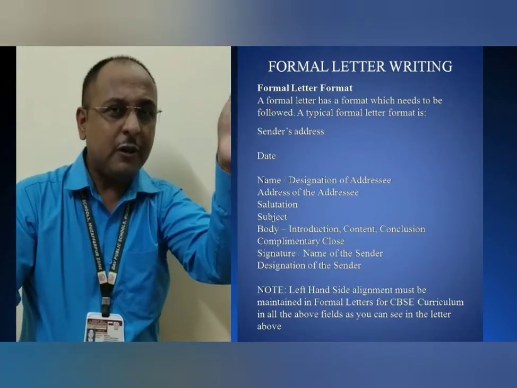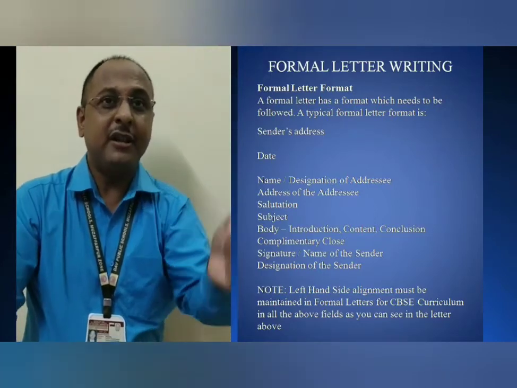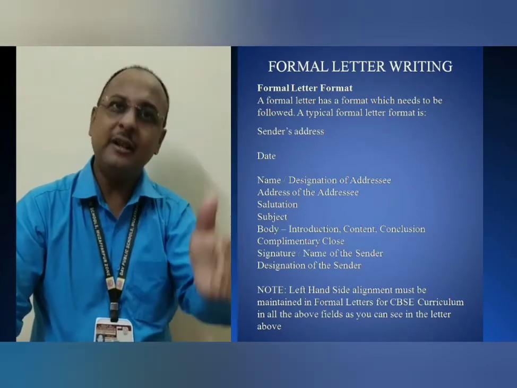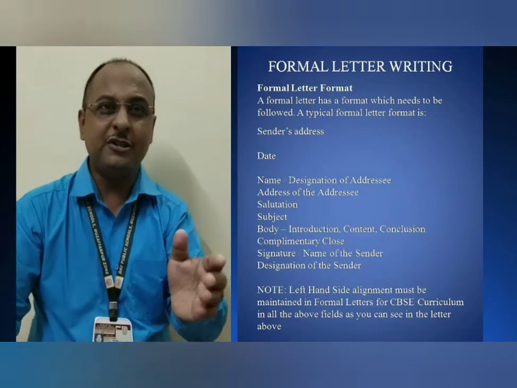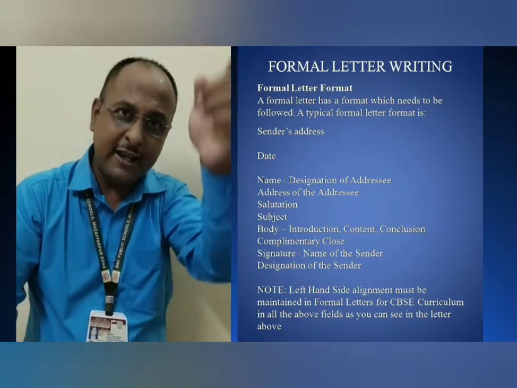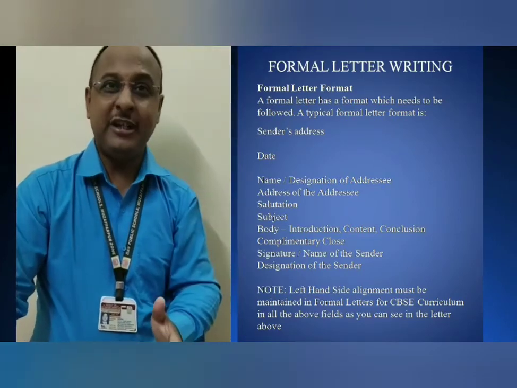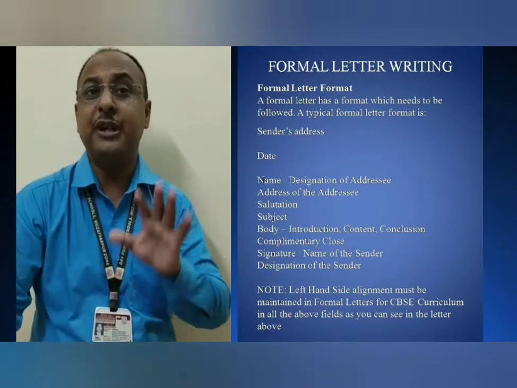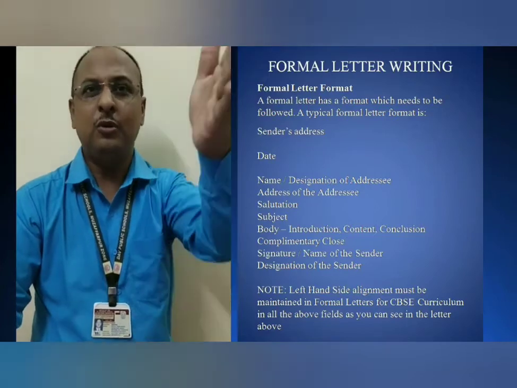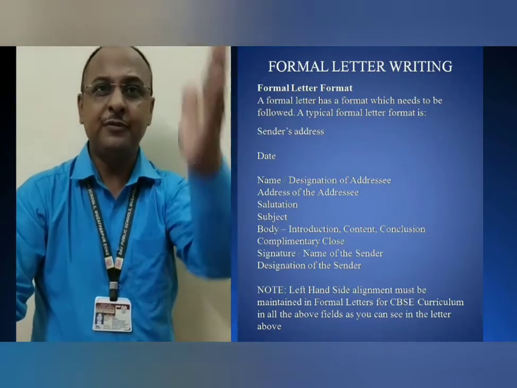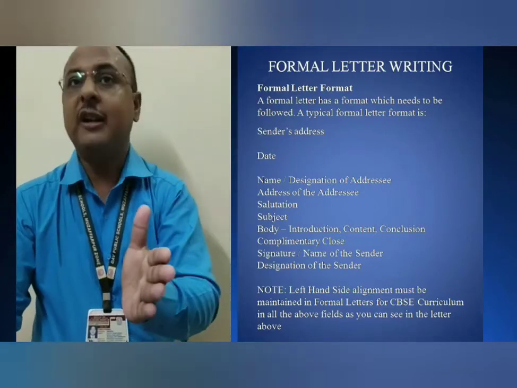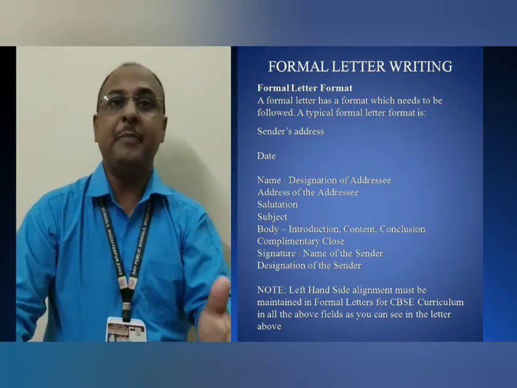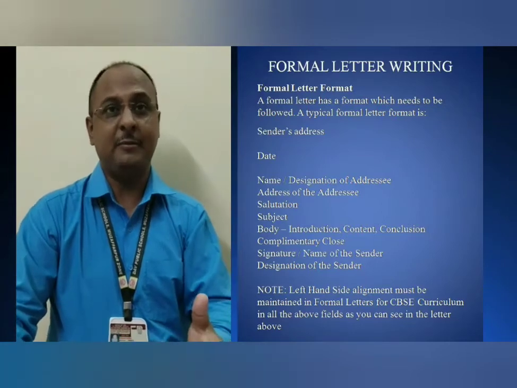The first word of each line should come under the word above, and that will create an alignment. Normally, small children tend to draw a line to be straight enough, but at the secondary or senior secondary level, I don't think you need to draw a line. You just have to go beneath it, and that will keep you straight. So when you start a fresh para in the formal letter, you should start from the very beginning of the line, maintaining that same alignment.